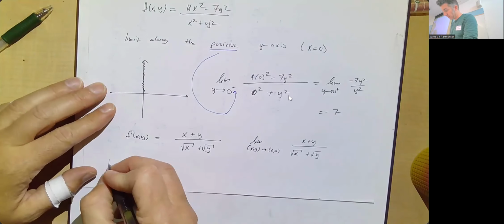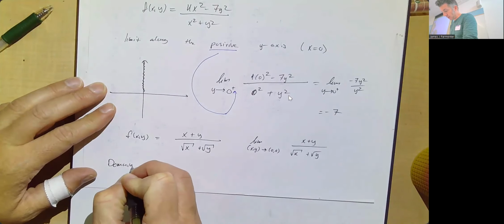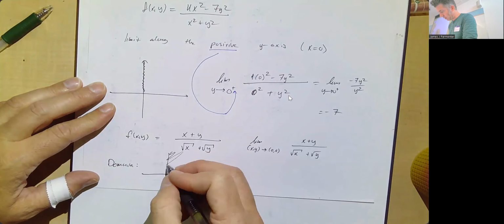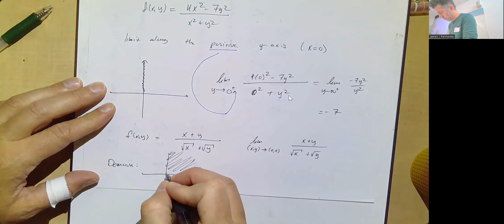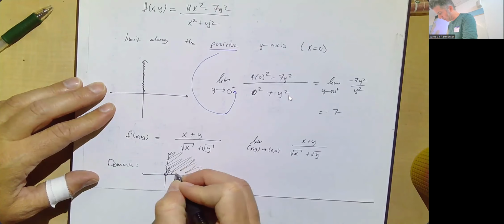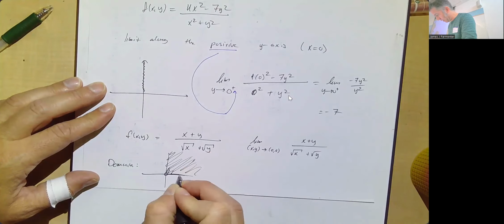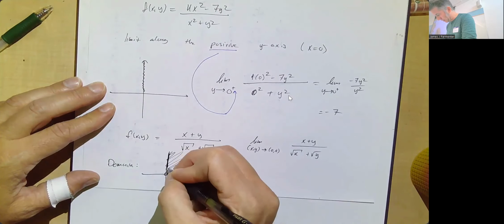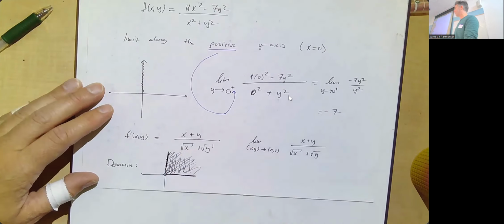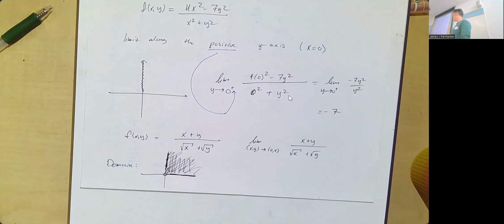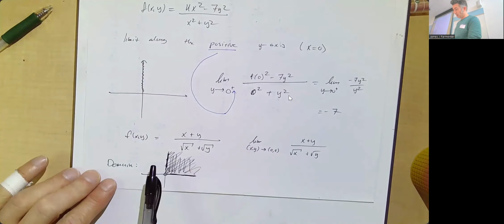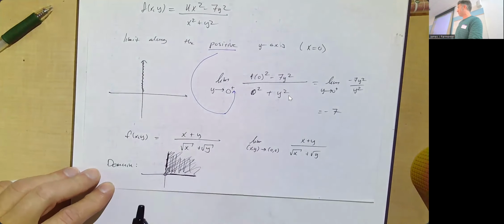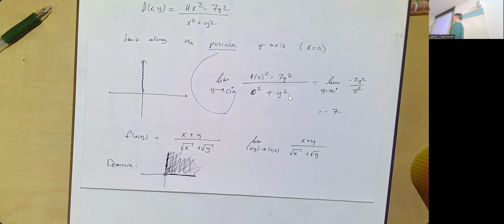The domain of this function is everything in the first quadrant except for the origin. But you've got the entire x-axis and the entire y-axis, and everything where x and y are positive. They just both can't be 0 at the same time. But you can't come at this from anything in the second, third, or fourth quadrant, because neither x nor y is allowed to be negative.